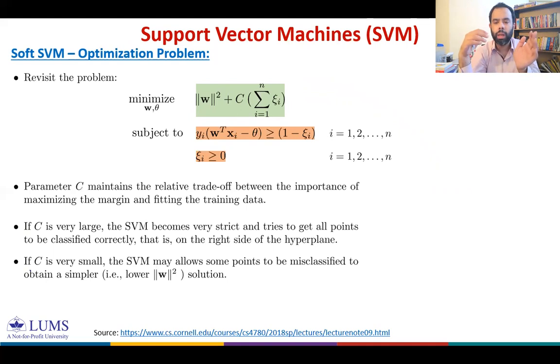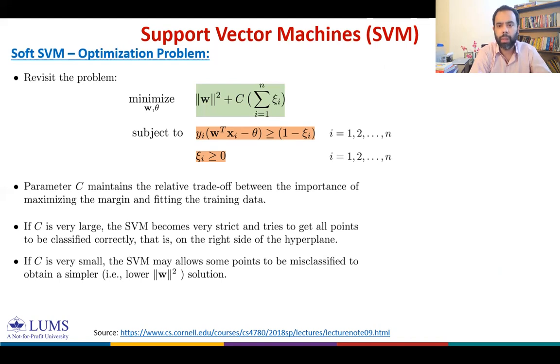Because when C is large, we're giving more weightage to the distance of the points that are being misclassified. And if we're giving more weightage to those points, SVM would be very strict. SVM would try to minimize the misclassification. Right? If C is very small, the SVM may allow some points to be misclassified, but at the cost of lower norm of the weight vector or larger classification margin.